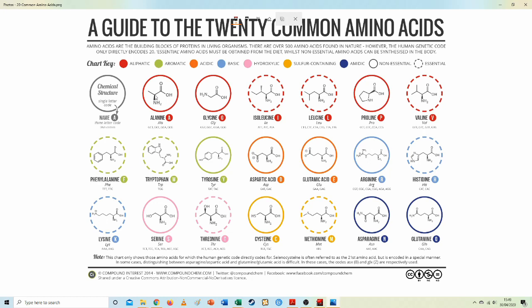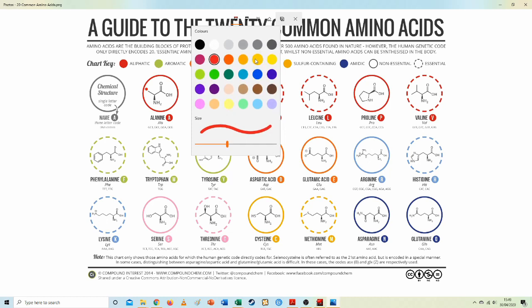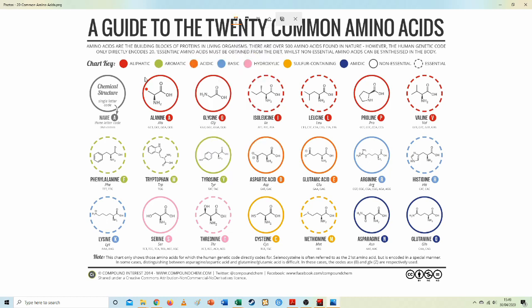So alanine has our amino group there, our central carbons there, and out here is our R group. Now that R group in this case is a CH3, and that would be a non-polar group. So for the ones that are hydrophobic, I'm just going to put a little gold dot there. And this is going to be important, and we'll come back to this.